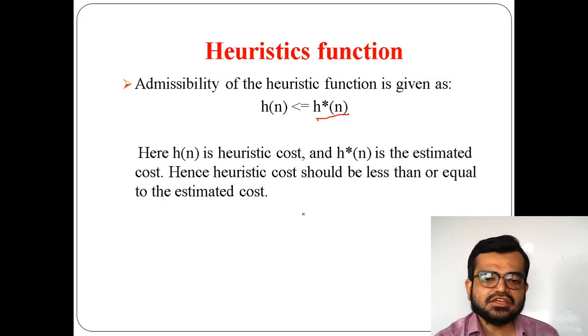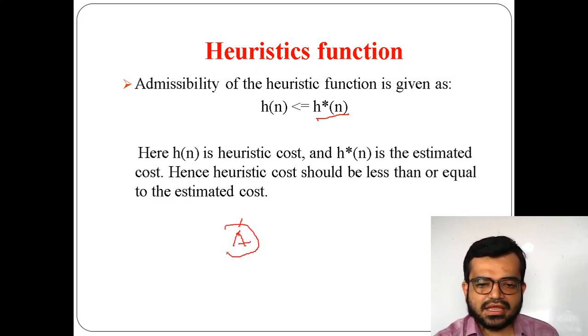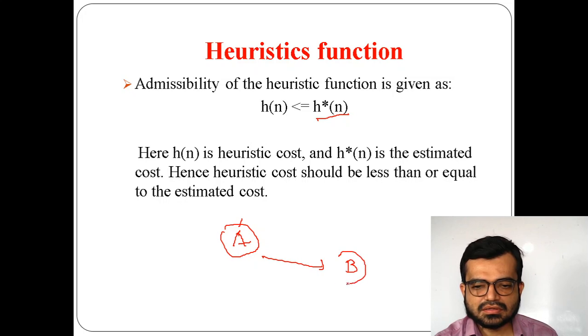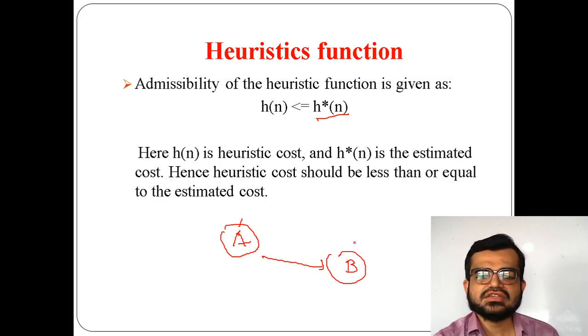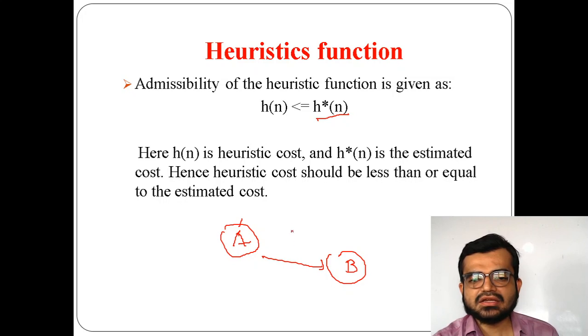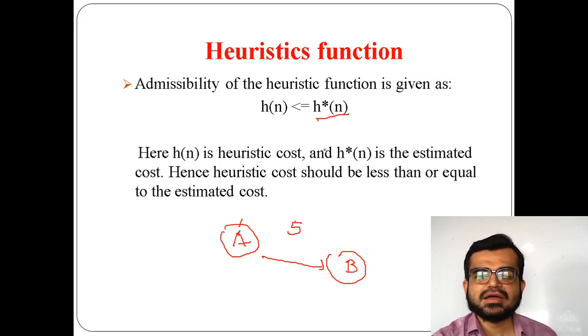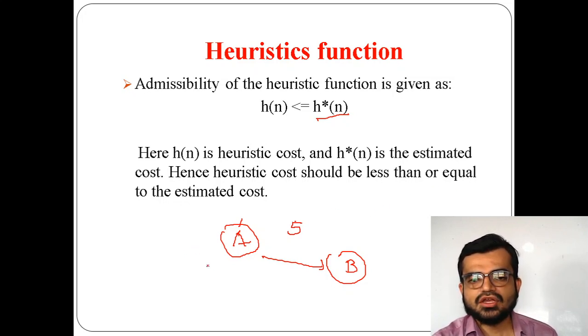For example, if going from A to B the estimated cost is 5, that estimated cost is denoted by h asterisk of n. There are various methods to find the estimated value, which we will see with an example. And h of n is the actual heuristic cost. For example, the actual cost is 3.